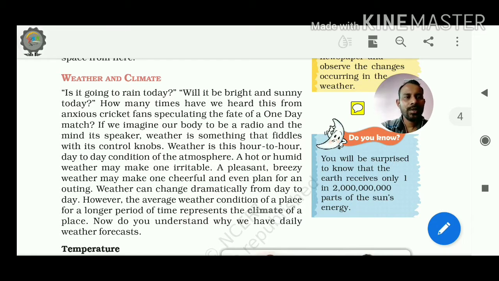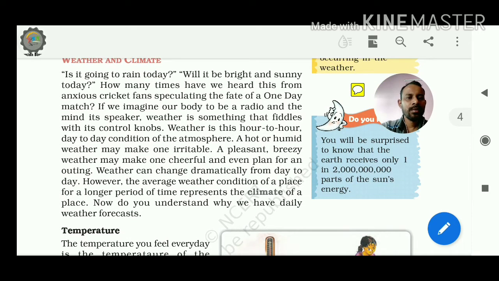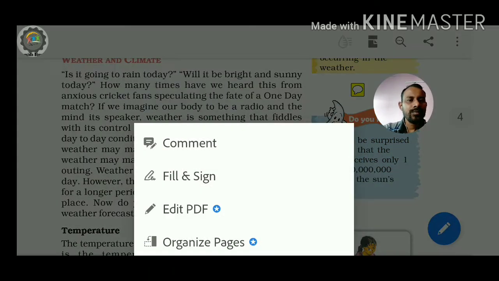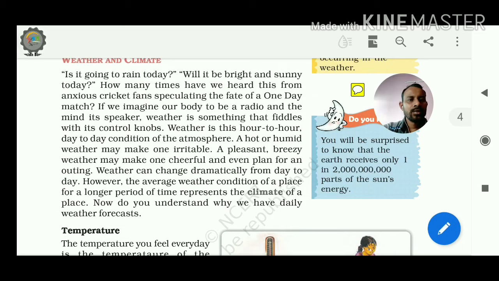Their average we usually call the climate. Look at the word climate written over here. So what is the climate? The average weather condition of a place for a longer period of time represents the climate. I think it is clear to you. So climate means the average of the weather condition.